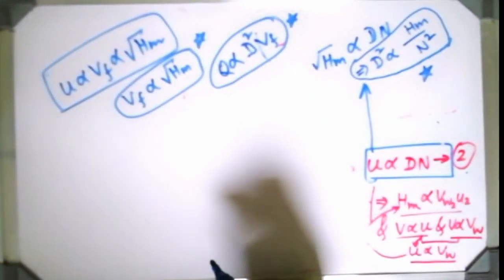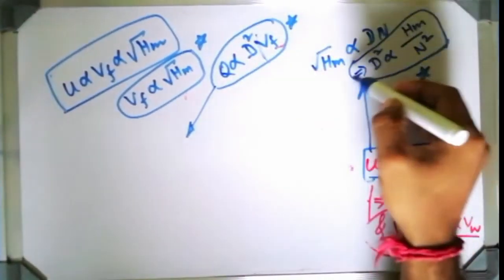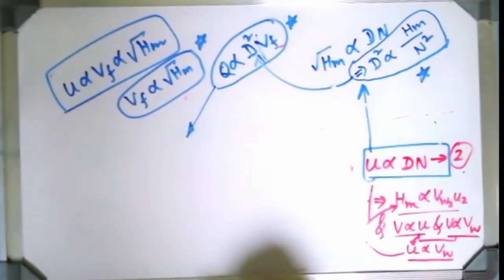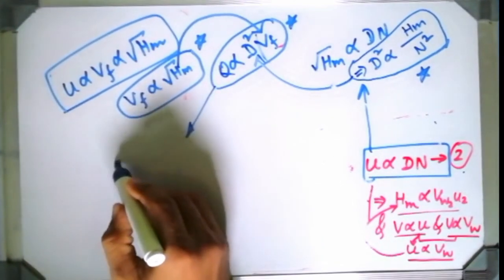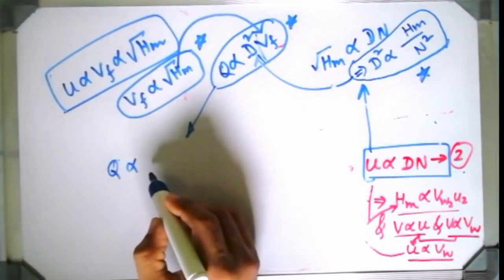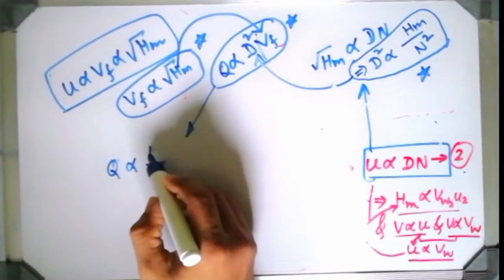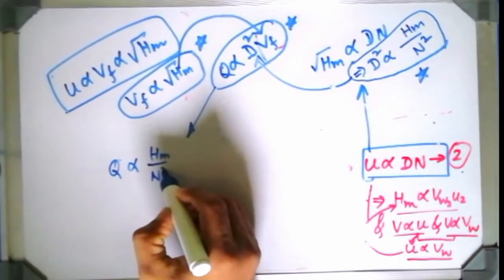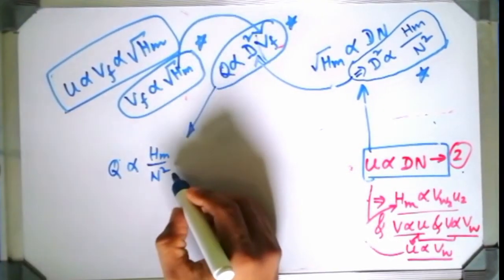See what I will do, I will pull down this equation and replace d square with this, and replace vf with this. So what I will get is q proportional to, in place of d square I will put hm by n square, very good, and in case of vf I will put root hm.